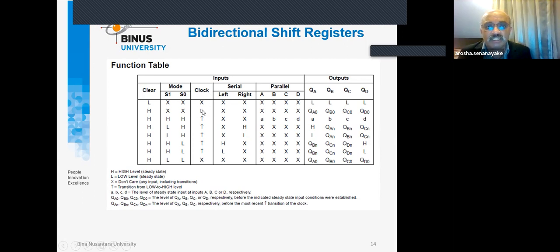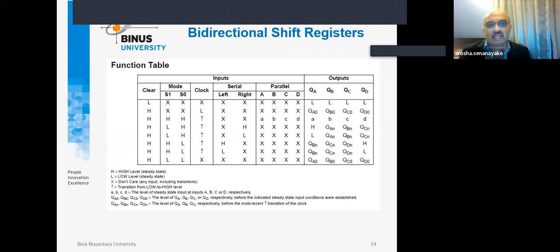When the clock signal is low and then goes high, if both of these are high, no left, no right, only ABCD appears in ABCD. That means a completely parallel output. Nothing is serial. Both of them are high, and the expectation is parallel in, parallel out.